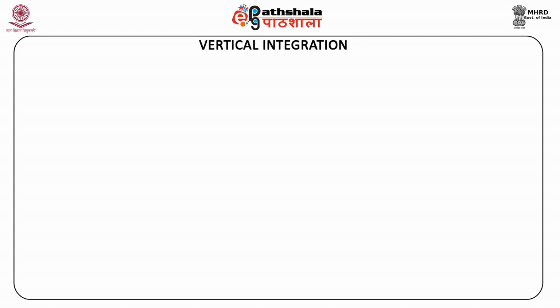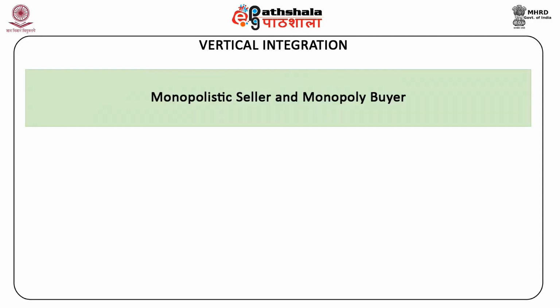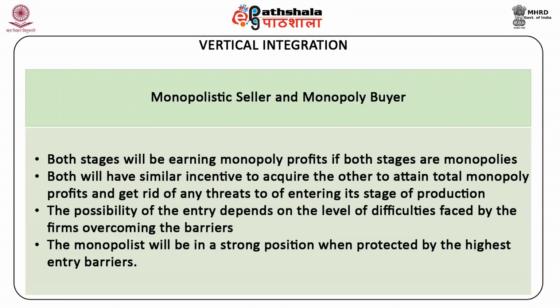And lastly, the market structure 4 with monopolistic seller and monopoly buyers. Both stages will be earning monopoly profits if both are monopolies. Both will have similar incentive to acquire the other to attain total monopoly profits and get rid of any threats to entering its stage of production.